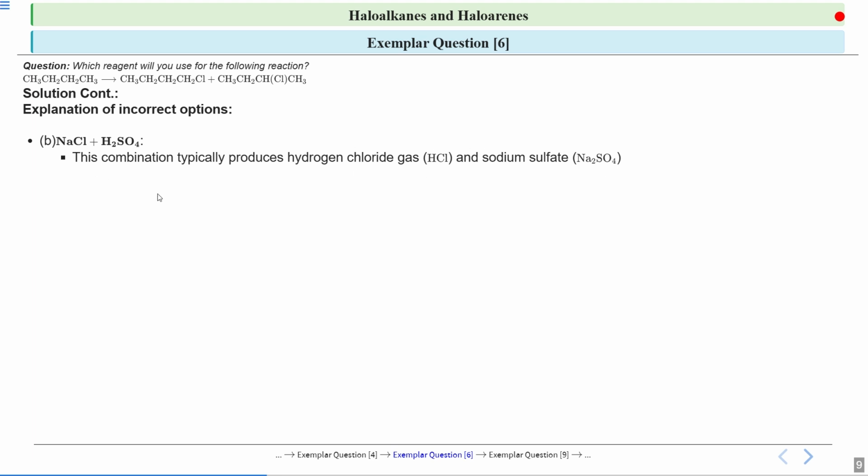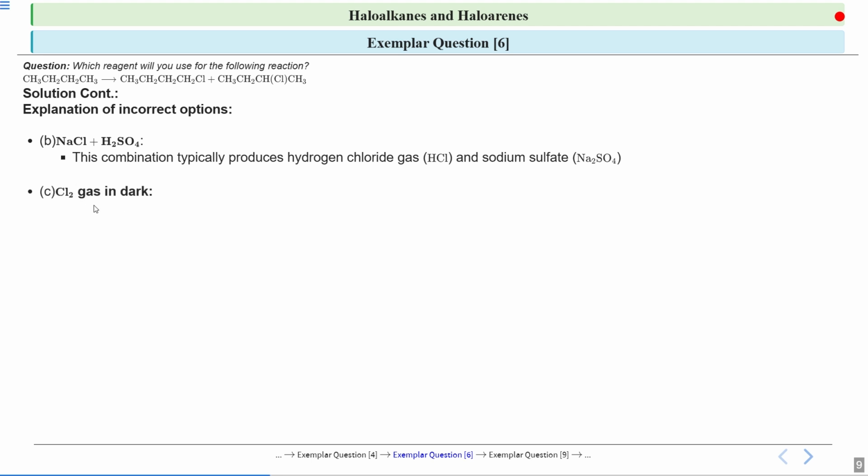The chlorine that you need to attack the butane is going to bond with the hydrogen from the sulfuric acid and form hydrogen chloride gas. The other product you will get is sodium sulfate. So the chlorine will not participate in the reaction with the butane, so we didn't use this reagent.